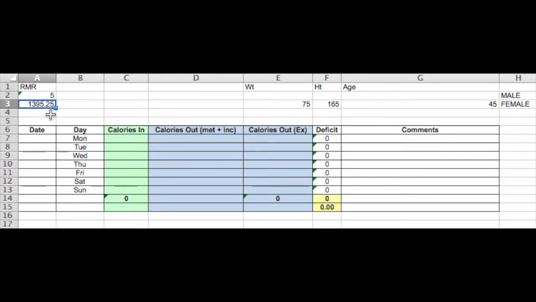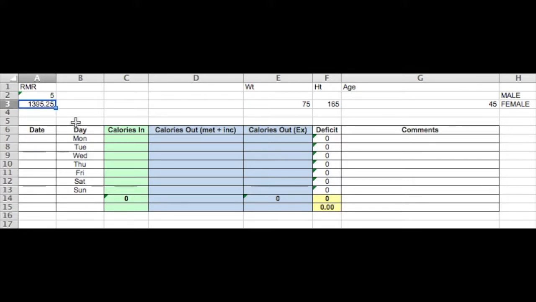The second thing we need to do is work out our incidental activity. Now, for most of us, we don't really live very active lives. Most of us have pretty sedentary jobs, and we don't move around all that much during the day, which is a problem in itself, but it's just the way it is. So general rule of thumb is it's usually about 10 to 15% on top of your metabolism.